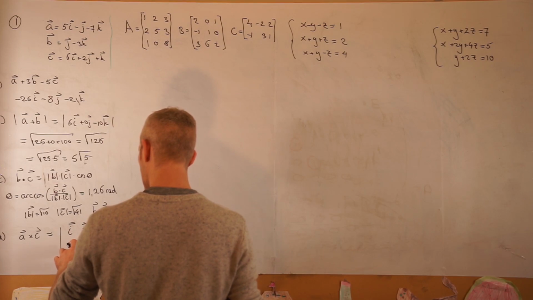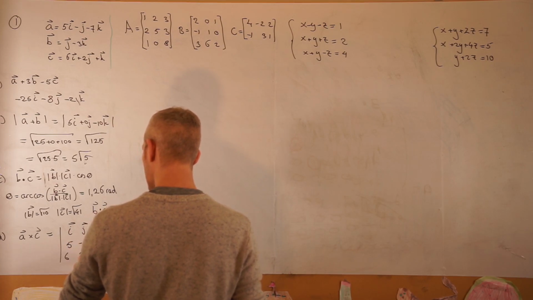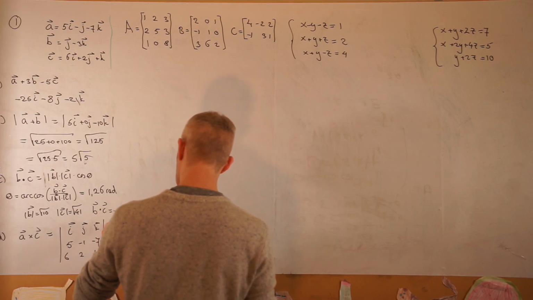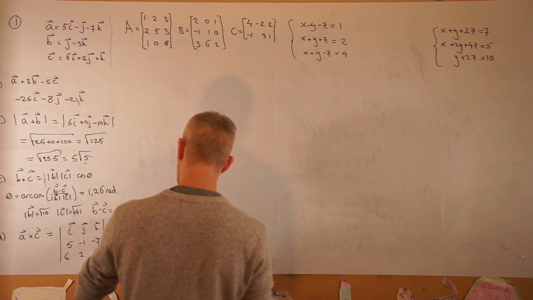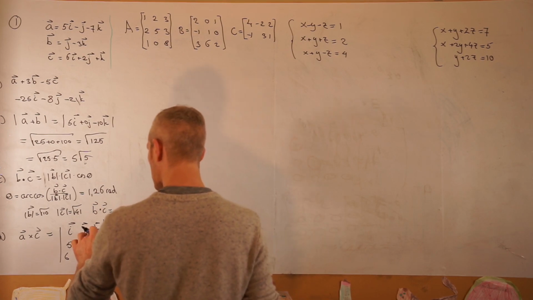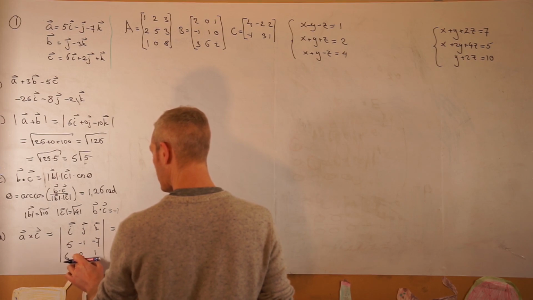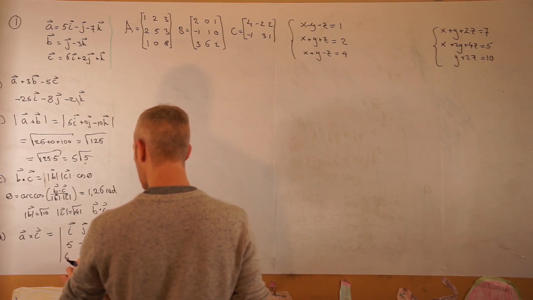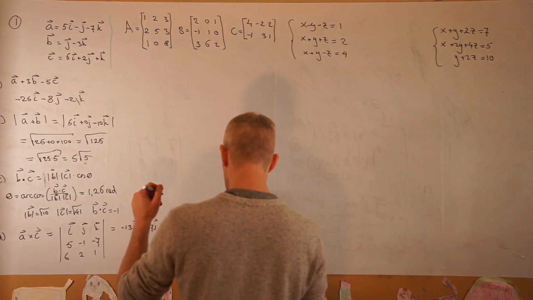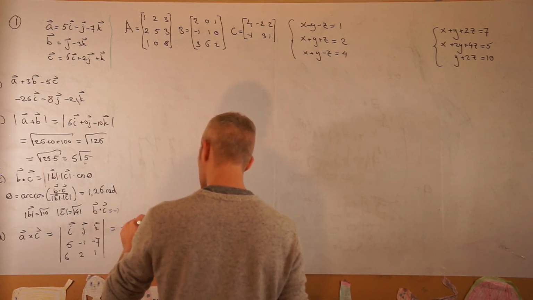I get 5 plus 42, so I get, and including the minus sign, 47j. And the last one, k, so I get 5 times 2, which is 10, plus 6 is 16, with a plus sign for the k.